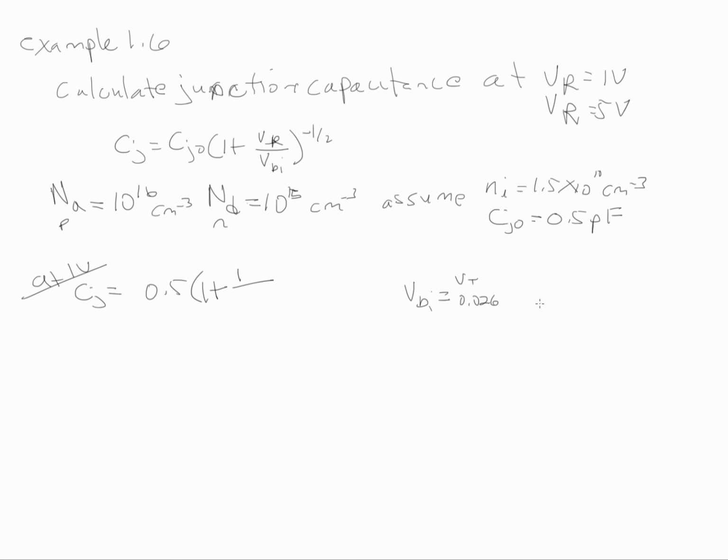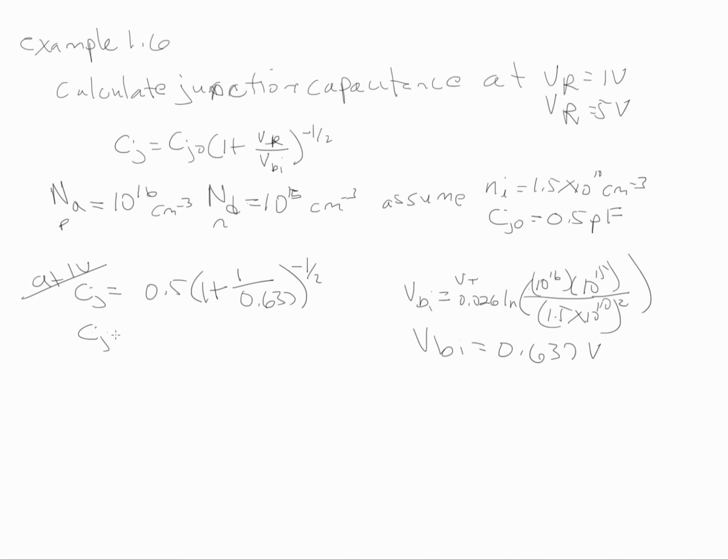Remember, V built-in is equal to VT, the thermal voltage of 0.026 volts, times the natural log of your donor and acceptor concentrations over Ni squared. You plug it into your calculator, and that gives you 0.637 volts. So we have the applied 1 volt over 0.637 volts, and you run that through your calculator, and that gives you 0.312 picofarads.